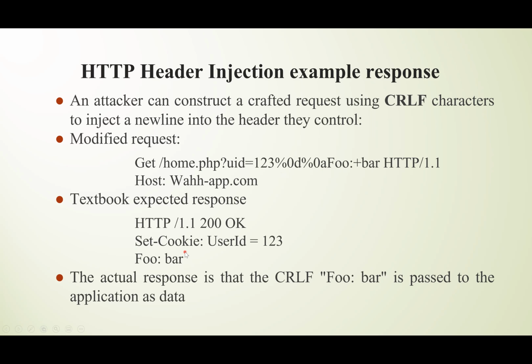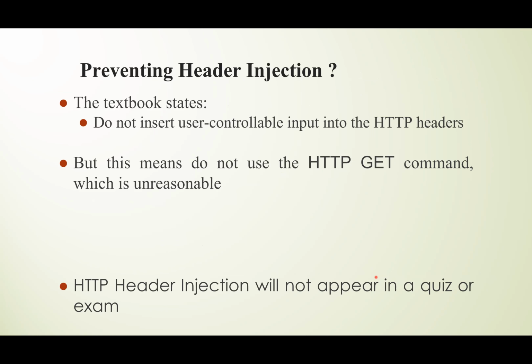I have no idea why they thought that would end up in the response. It turns out that the carriage return line feed, foo bar, is all passed to the application as text. And if you print it out, it does a carriage return line feed, but it appears as text to it.